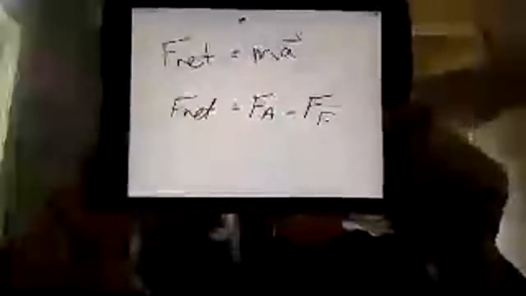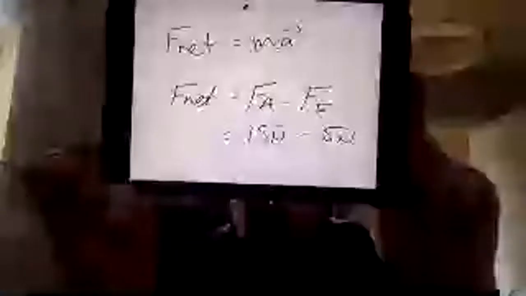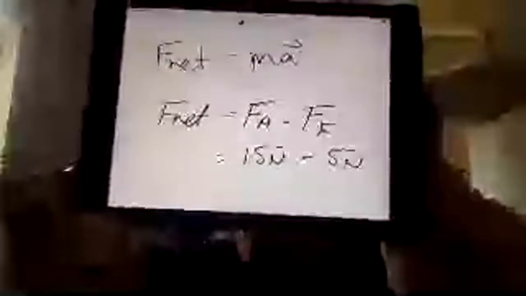And remember, acceleration is that change in movement. So if your F net is equal to Fa minus Ff, and let's say we have a 15 Newton applied force minus a 5 Newton frictional force, that means it has a net force of 10 Newtons.